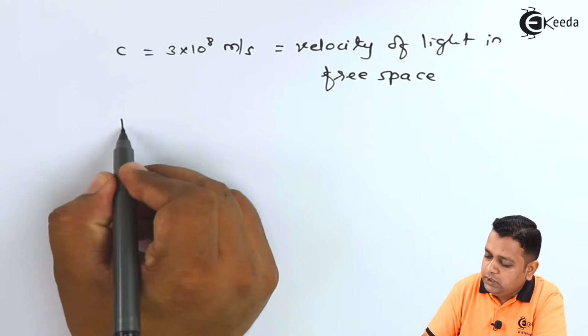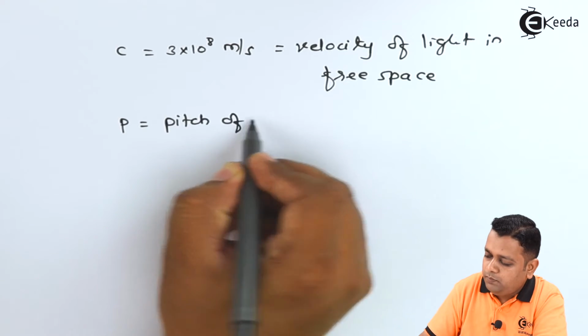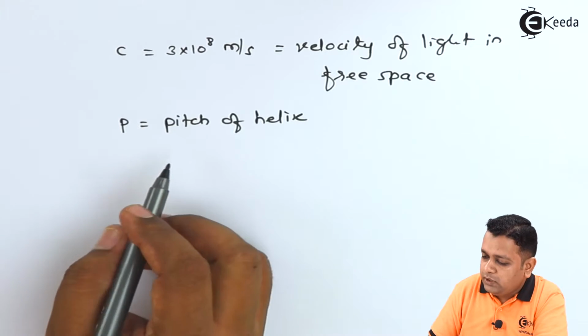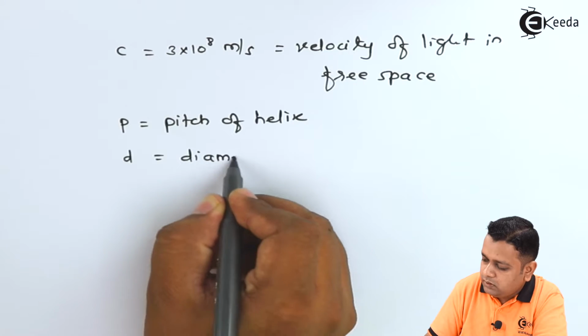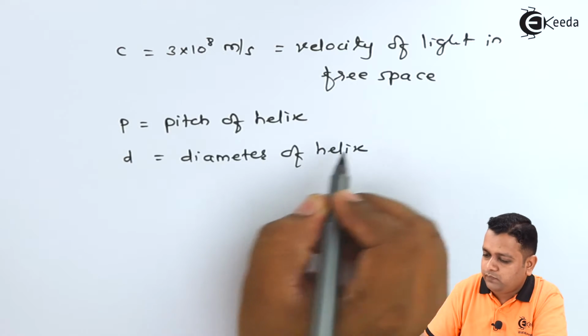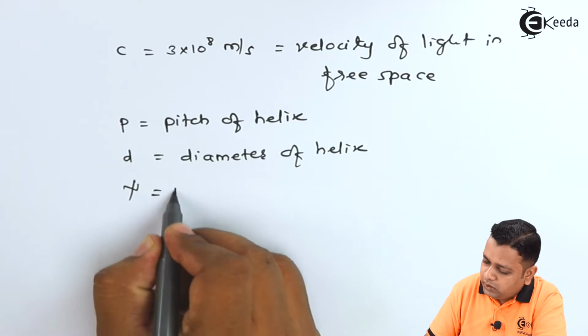Whereas p we have denoted as the pitch of the helix, the next parameter, small d, is the diameter of the helix, and psi here is the pitch angle.